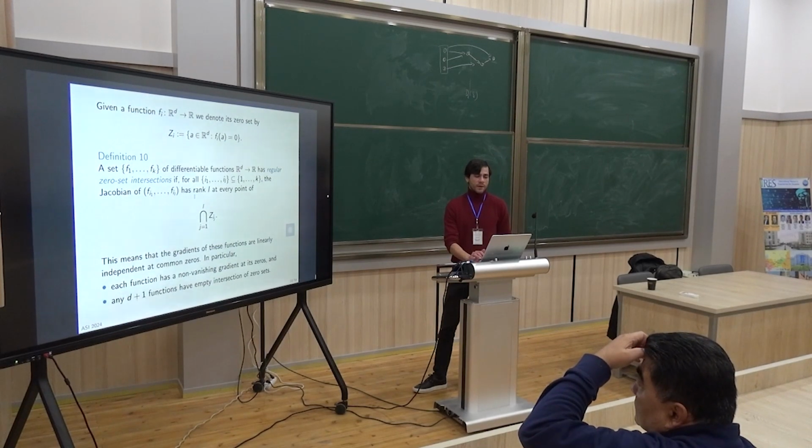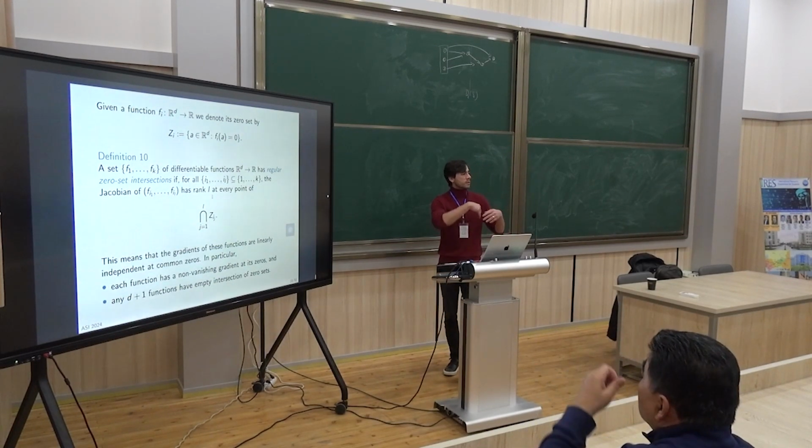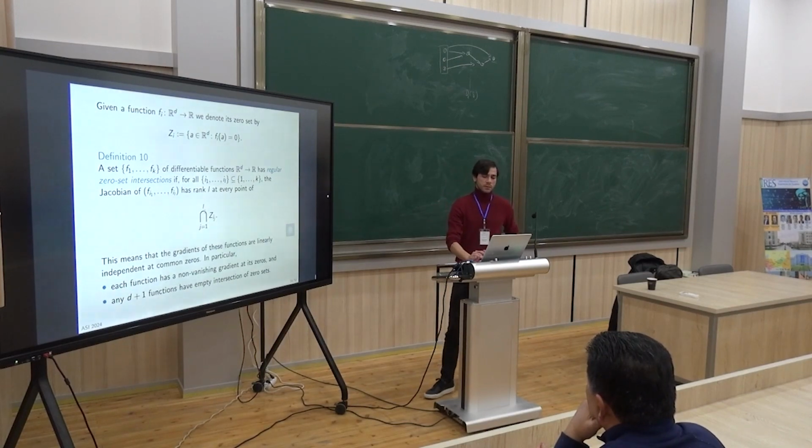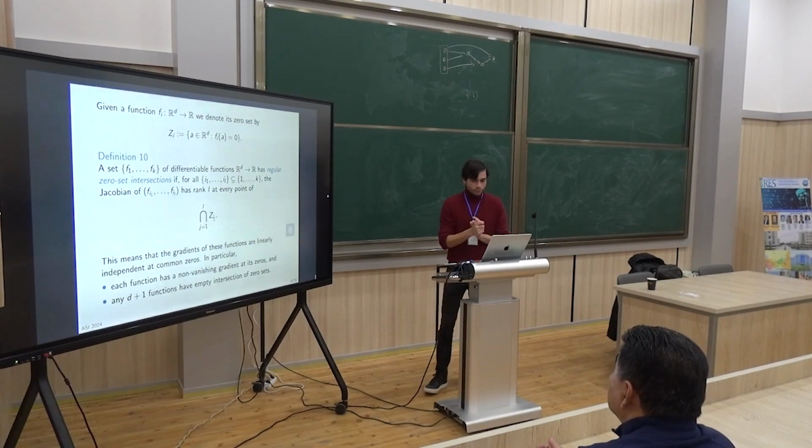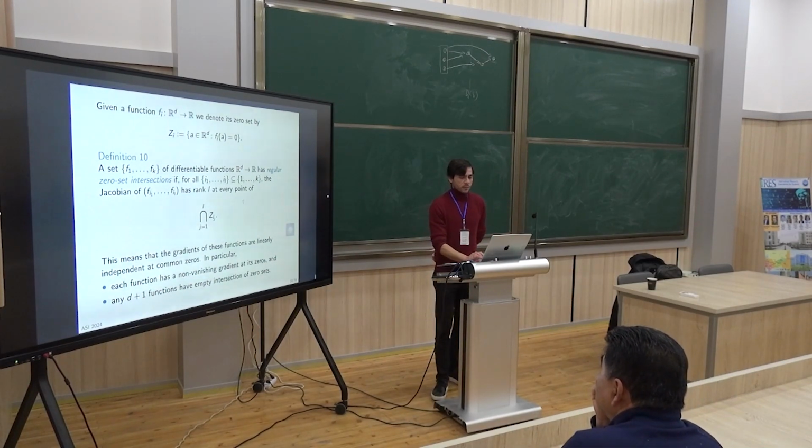What that means is that we look at any point in the intersection of those surfaces, so let's say the intersection of the Cij's, for j from 1 to L, and take a point in there. Now we want the gradients of those functions at that point to be linearly independent. That's going to be the condition, and we call it the set of functions having regular zero set intersections.